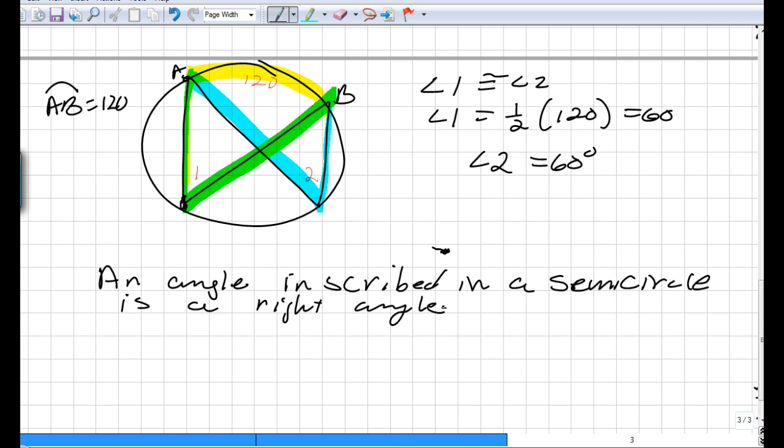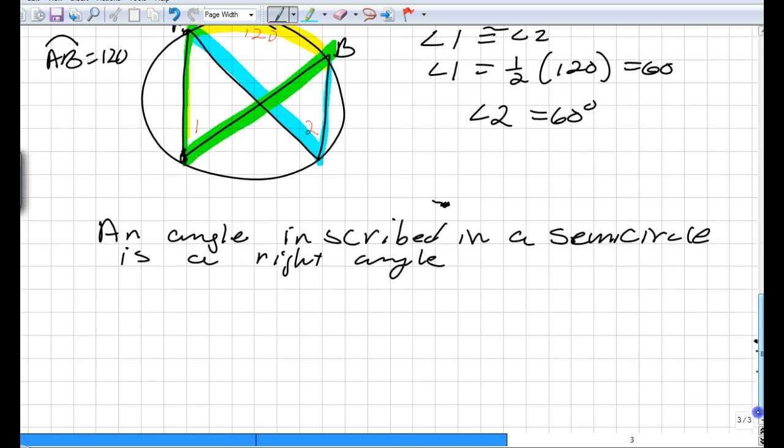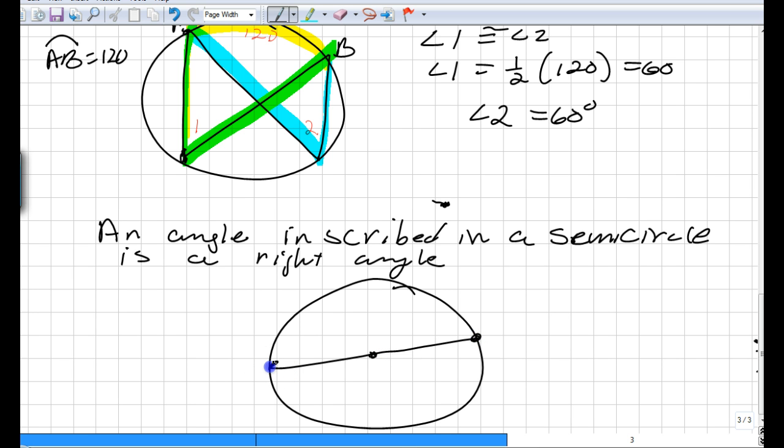And again, that's a corollary, because if we have a circle, if we have this diameter, and then we have an angle inscribed in the semicircle, then those two chords intercept this arc. Well, that arc has measure of 180 degrees. And so then this angle has to be half the intercepted arc, so that has to be 90 degrees, okay?